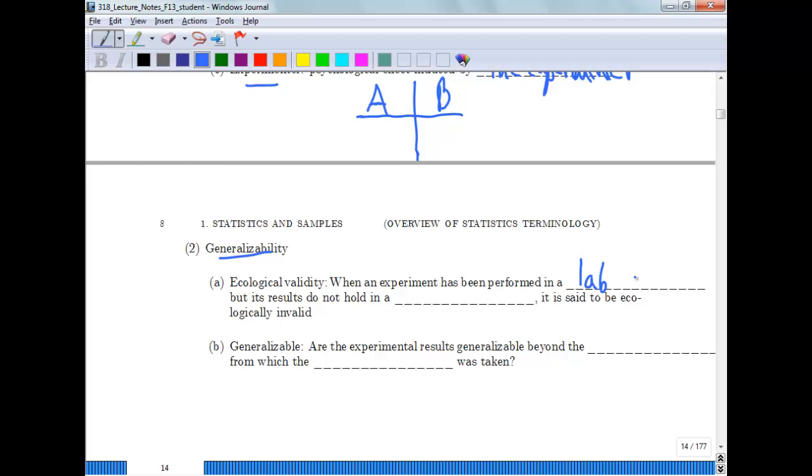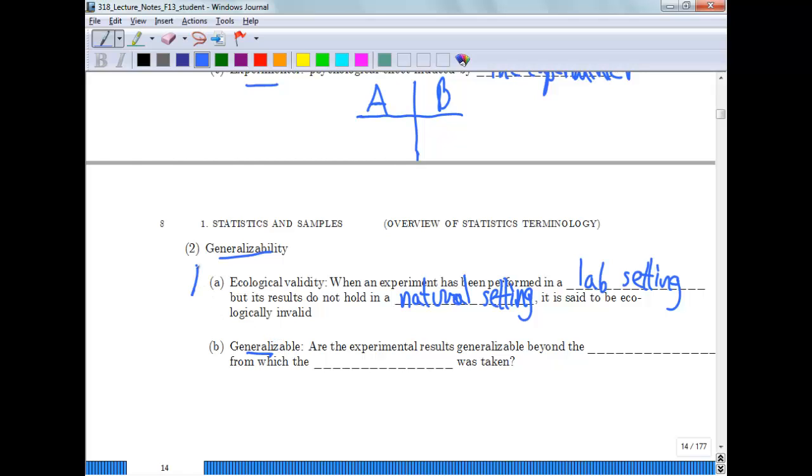So we have lab versus natural setting. You could have some genetically modified plant that when you've got it in the lab, you're controlling everything, you just have the modification and the not, and you can measure what's going on. Whereas when you put it out in nature, there are other factors that blur the signal that you were able to achieve in the lab.